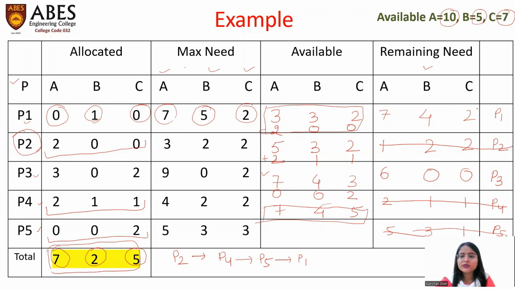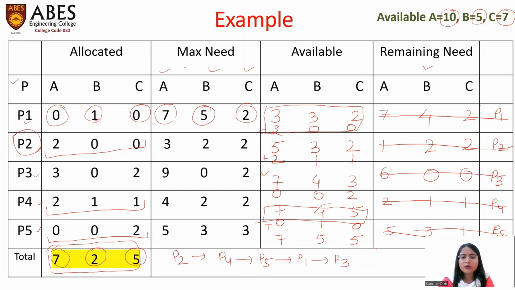Now P1 will be executed and P1 is having 0, 1, 0. So 0, 1, 0 will be added to the available resources, right? So now I have the new amount of resources, that is 7, 5 and 5. So 7, 5, 5 is the new amount of resource that could be allocated to P3.